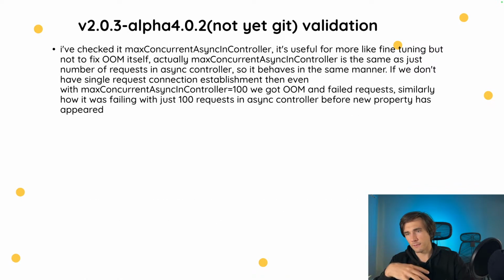If we do not have an open connection right now, we need to limit this max concurrent async to 1, but it should be done dynamically in the plugin itself. So if we don't have a connection, establish it with only 1 request. If a connection is available, then send any amount we specified in max concurrent async in controller.